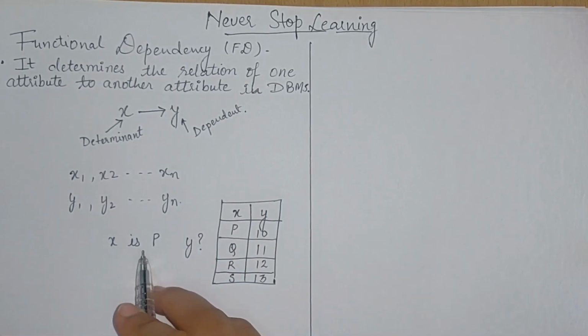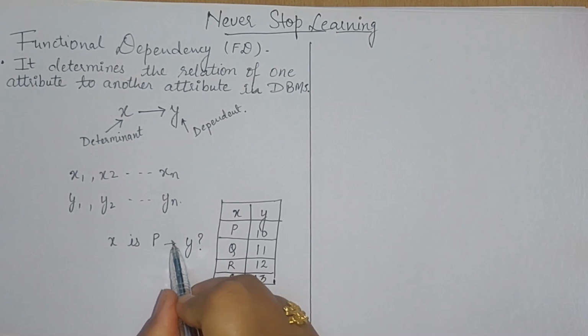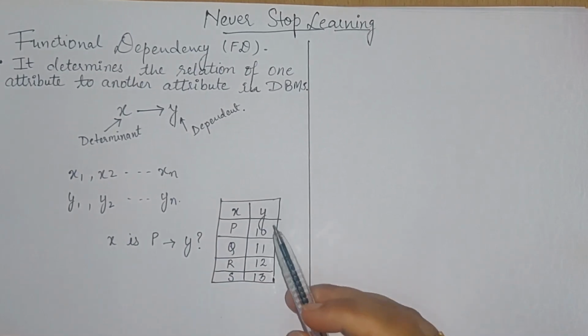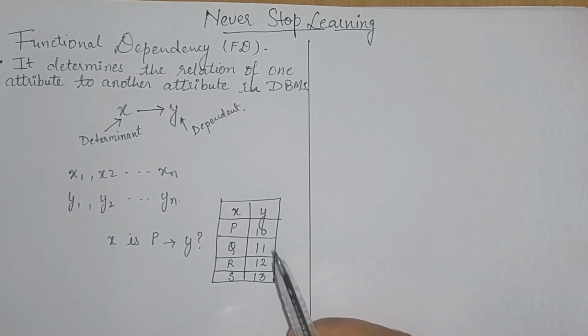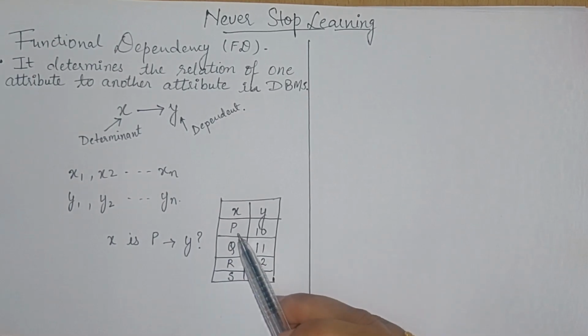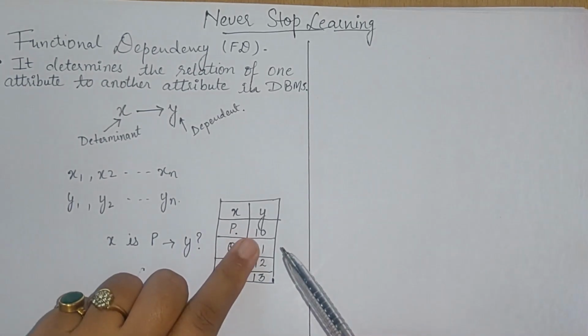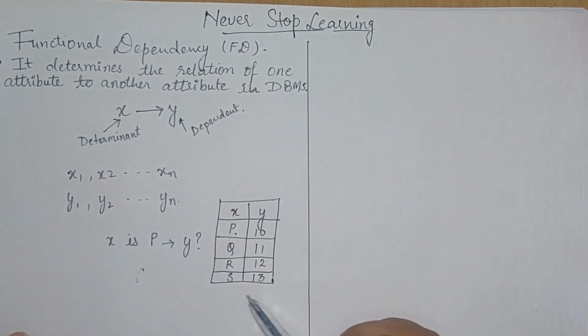If the value of x is p, then what will be the value of y? Can you tell me from this table? Yes, you can easily tell me that if x is p, then the value of y will be 10.